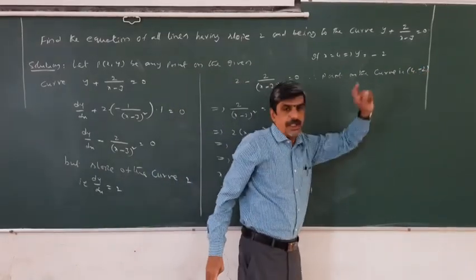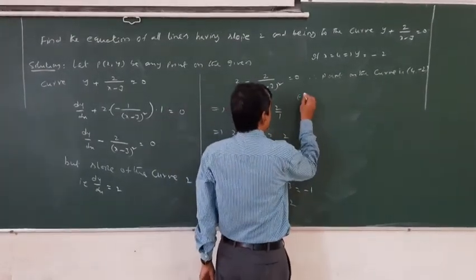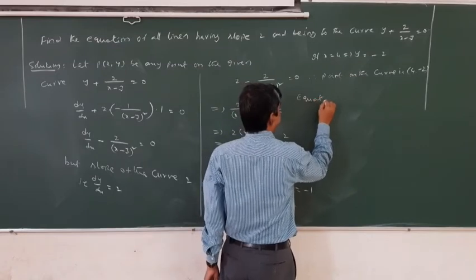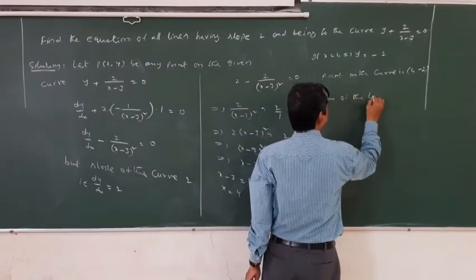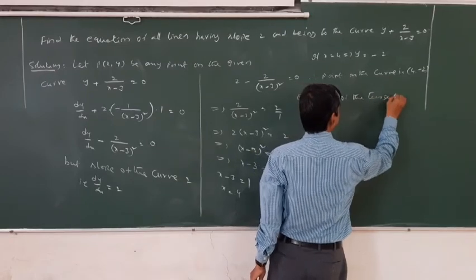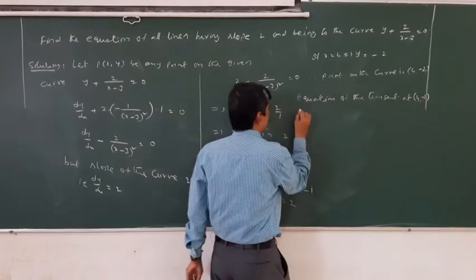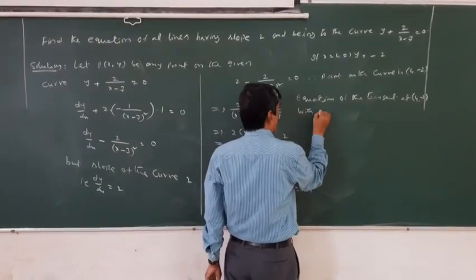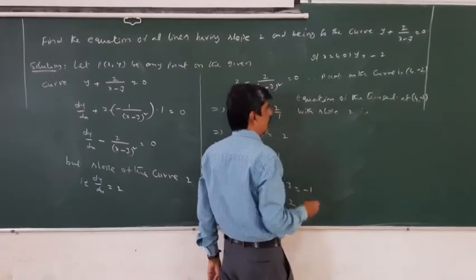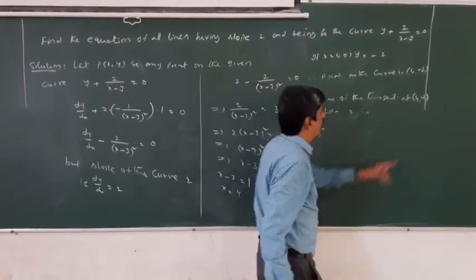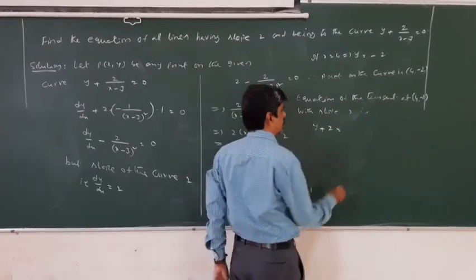At this point, the equation of the tangent at (4, minus 2) with the slope 2 is y minus y1 is equal to m into x minus x1. Y1 is minus 2, so minus of minus 2 is equal to plus 2.